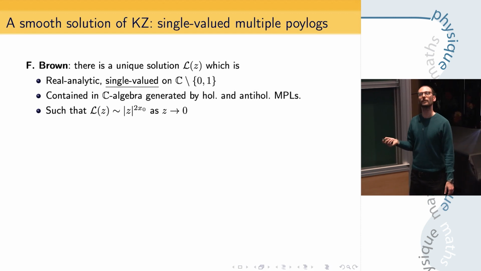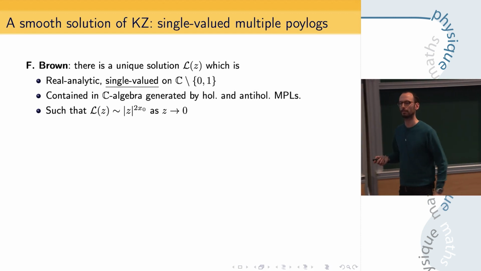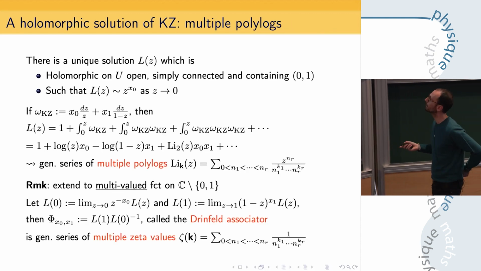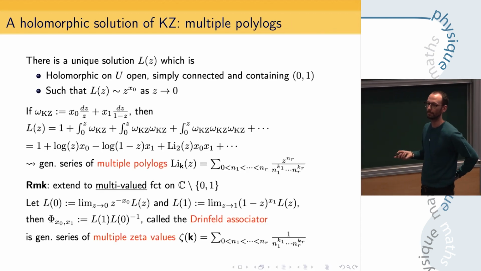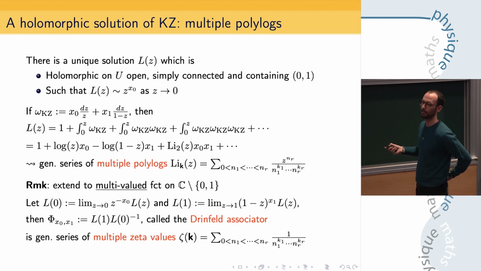Sorry. Yes? There's something that I don't understand in the previous slide. How is it possible to have your formal variable as an exponent of z? Because if I understand well your object, you have formal series in powers of x0, x1, and you have holomorphic functions as coefficients. And how is it possible to have something like z to the x?